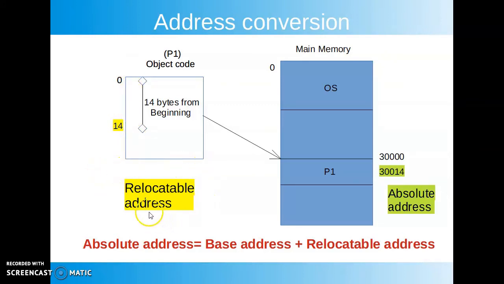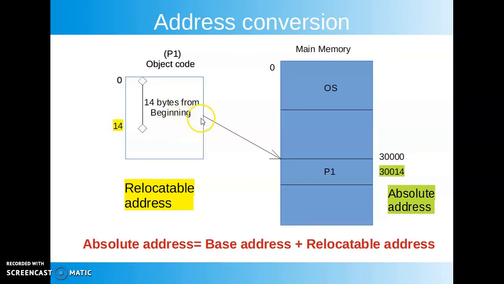If we have the relocatable address, then ultimately they should be converted to the actual physical addresses or the absolute addresses. So suppose we have an object code for program P1, so its relocatable addresses are shown like this. There is an instruction which is at a distance 14 from the beginning, so its relocatable address is 14.